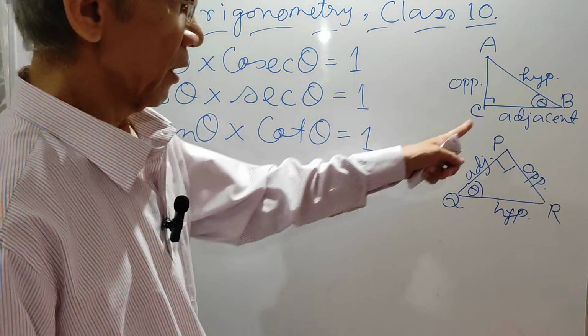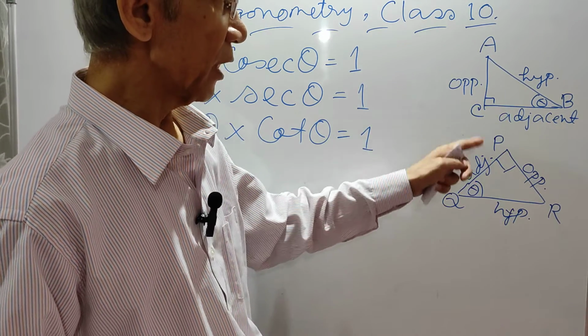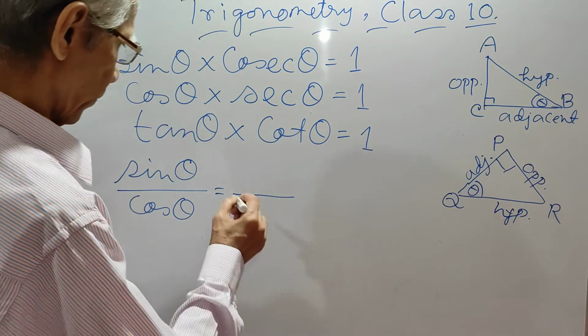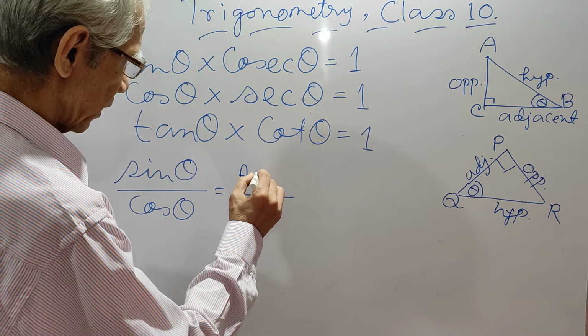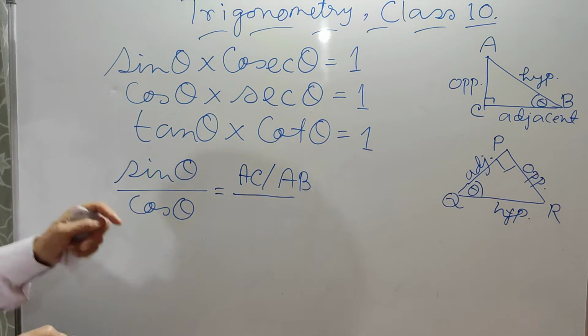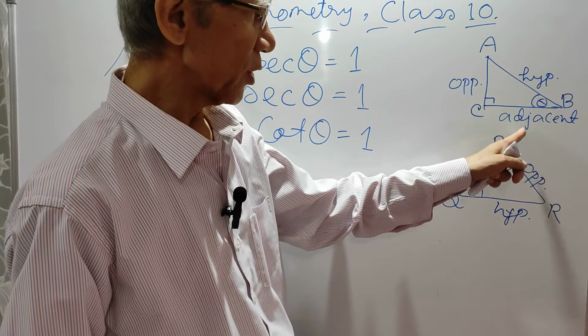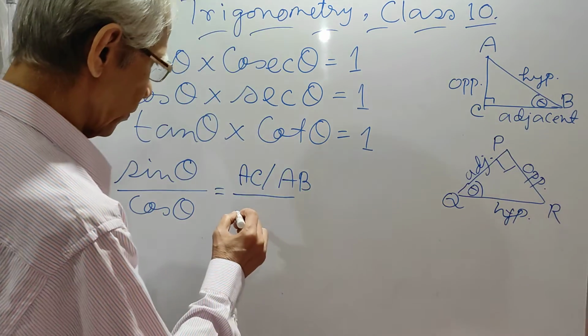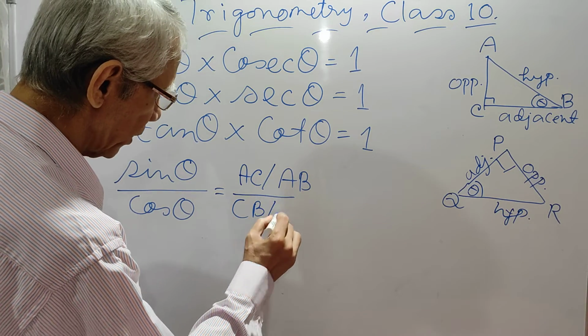Now in this triangle, sin theta is what? Opposite by hypotenuse, then AC by AB. That is sin theta. So in this triangle, what is cos theta? Adjacent by hypotenuse. That means CB by AB.